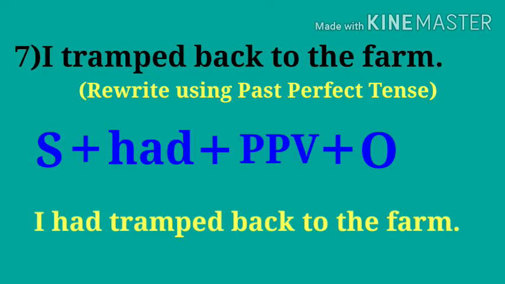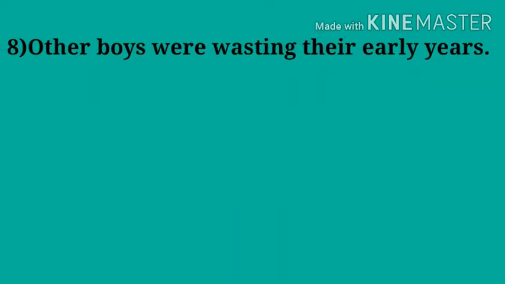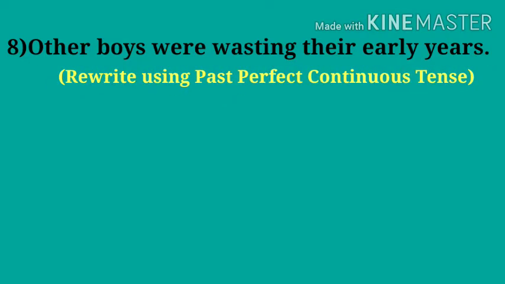Okay. Now the next sentence. Other boys were wasting their early years. See, other boys is the subject, were wasting is the verb. And now we have to turn this sentence into past perfect continuous tense.